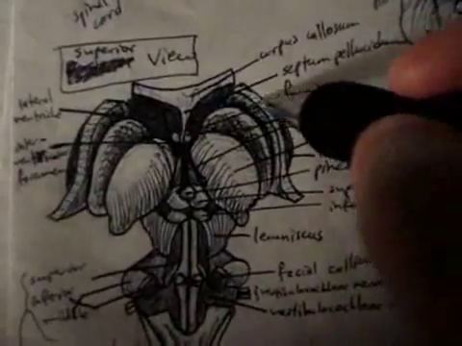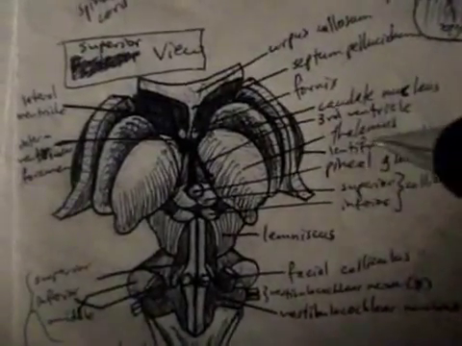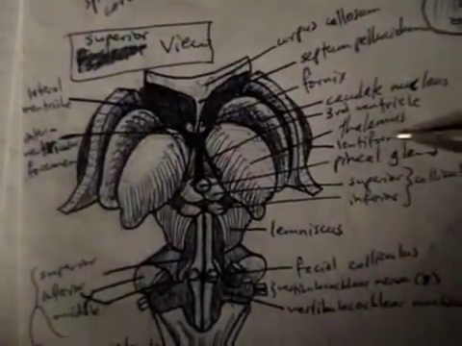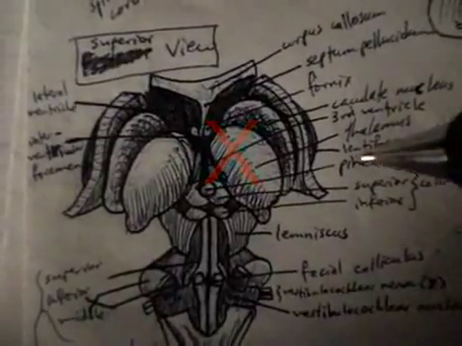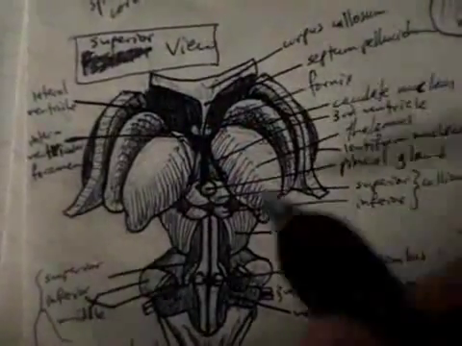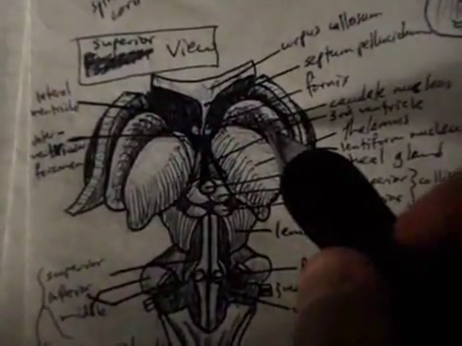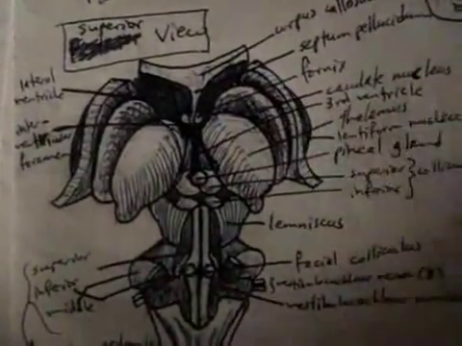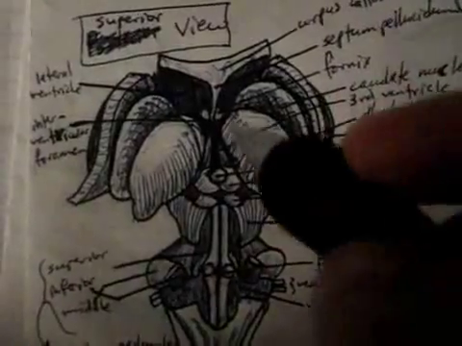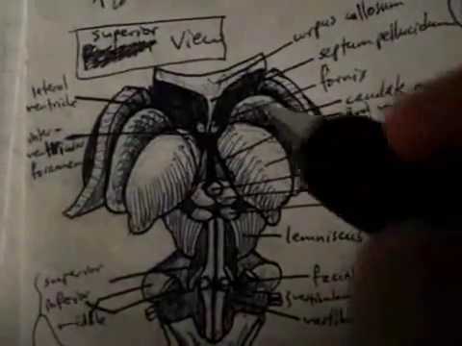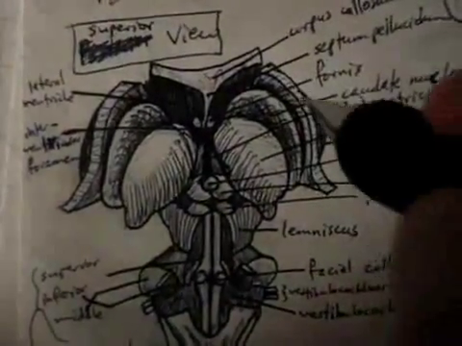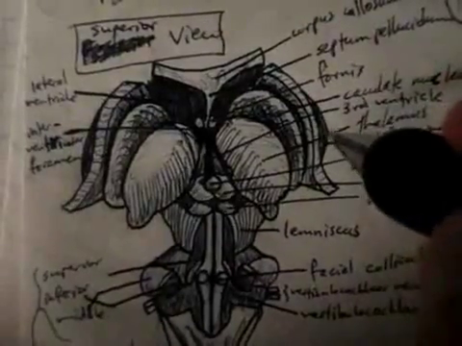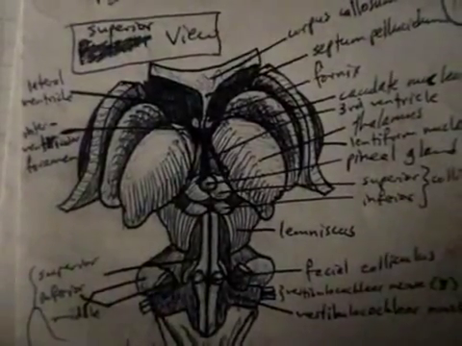And on the other side of the internal capsule is another nucleus called the lentiform nucleus, which consists of the globus pallidus and putamen. So you have the thalamus, caudate nucleus. We'll talk about these in the next part. Thalamus, caudate nucleus, internal capsule, lentiform nucleus consisting of putamen and globus pallidus.